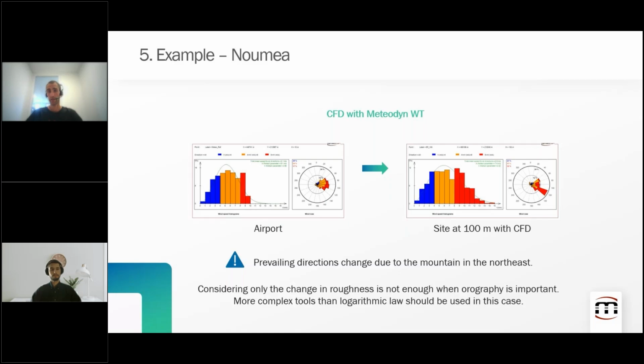You see the wind rose is not the same because, in this case, you have some volcano nearby, so it is a bit exaggerated. But the idea is that the wind direction can be very different from the airport.